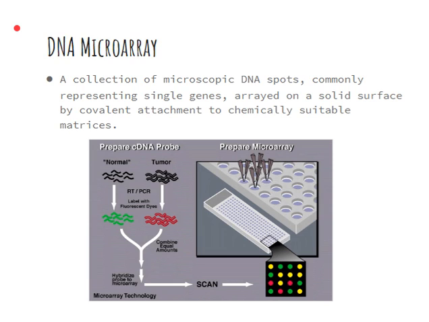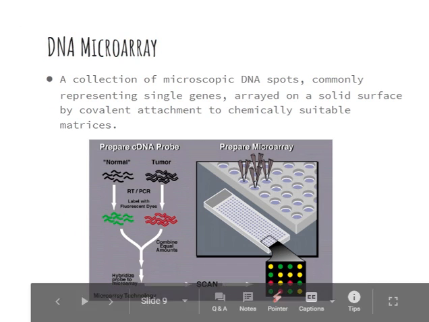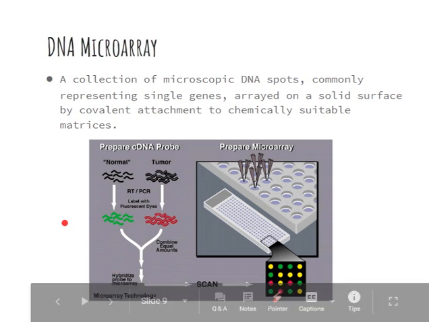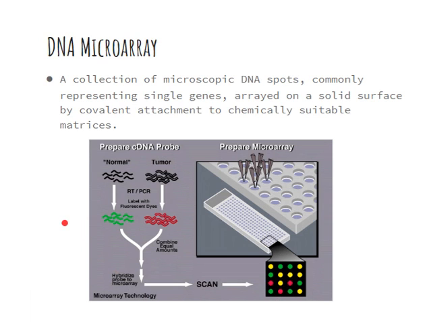First of all, microarray, the technique which can identify thousands of different DNA samples based on nucleic acid hybridization techniques. Here on a glass slide, single-stranded DNA probes are attached, where each probe represents individual genes or the DNA spots.